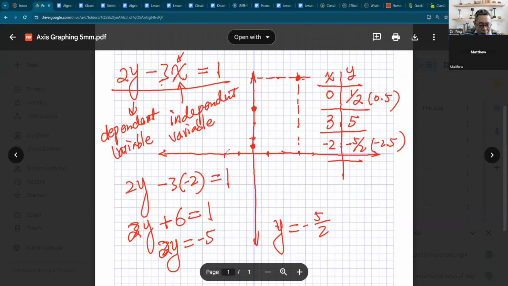So -2 is here, -2.5, 1, 2, then 2.5 will be here. So that'll be this line. And so therefore, if we have a ruler, then we should be able to connect them like that. Good.